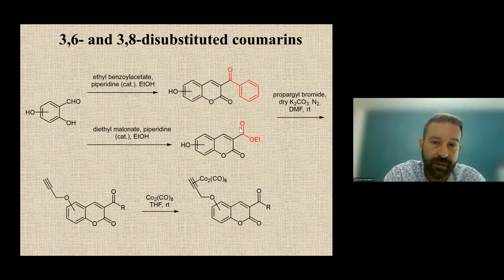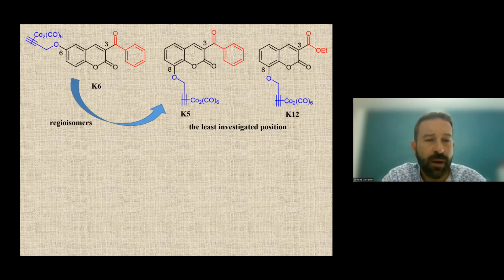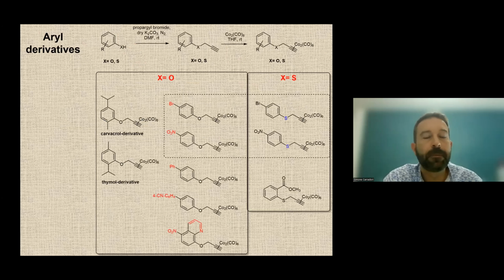Then, despite the substitution at position 3 of the coumarin, we functionalized the hydroxy group at position 6 or 8 in order to obtain the propargyl derivative, which can be further functionalized to the dicobalt complex. These compounds are very interesting because especially position 8 in the coumarin scaffold is the least investigated position, so we can obtain useful information regarding this position too.